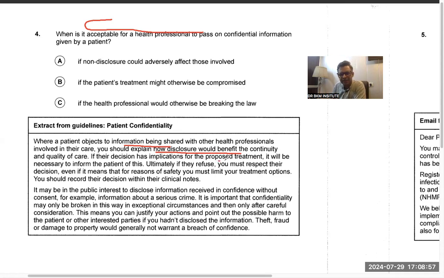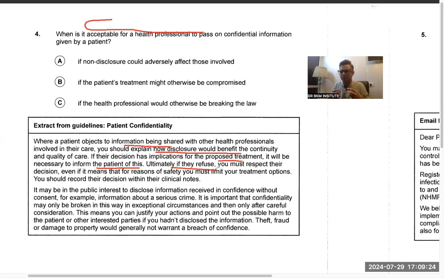If their decision has implications, it will be necessary to inform the patient. Ultimately, if the patient refuses, you must respect their decision, even if it means that, for reasons of safety, you must limit your treatment options. So even if you have to limit your treatment options, you can't share the information.